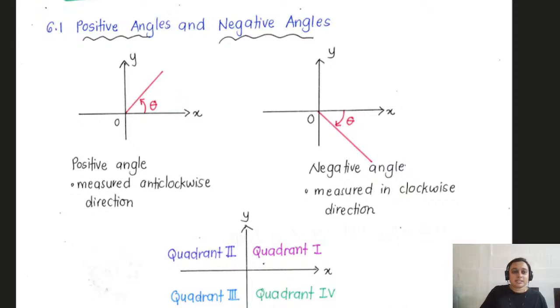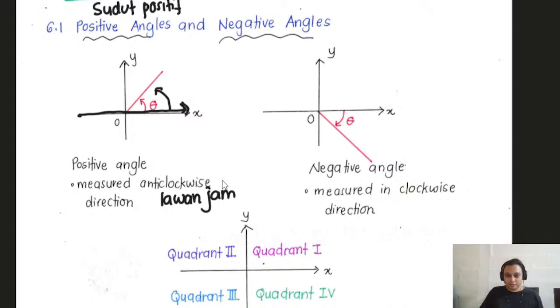Positif. Untuk sudut positif, see for positive angles, ini ialah sudut positif. Sudut positif will always start from the x-axis ini, paksi x, daripada bawah sini. And you must go anti-clockwise, arah lawan jam. That is positive.